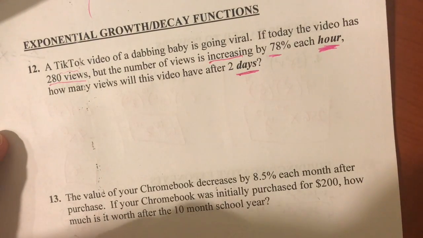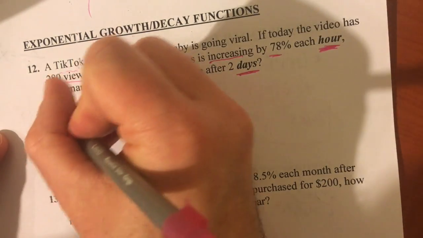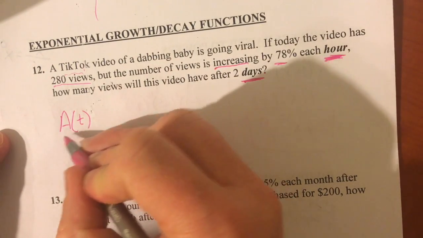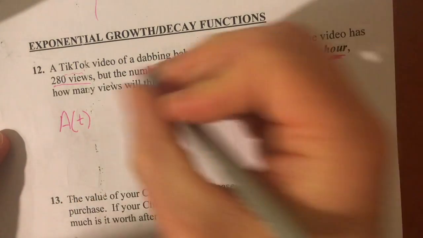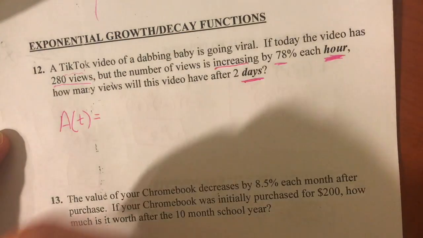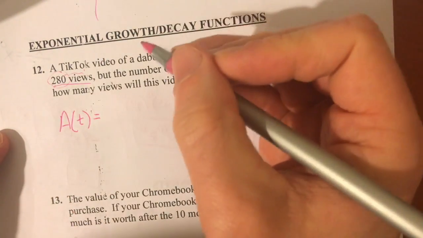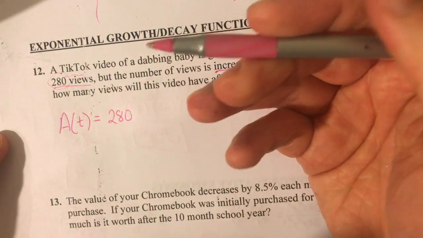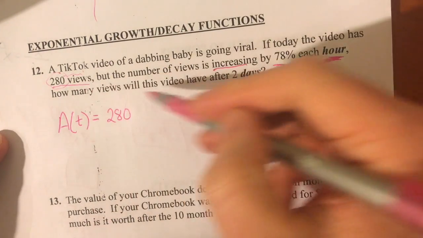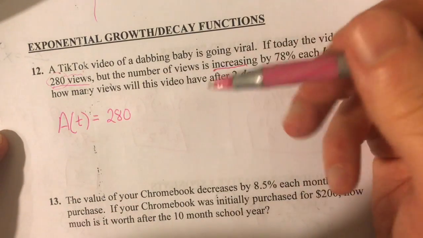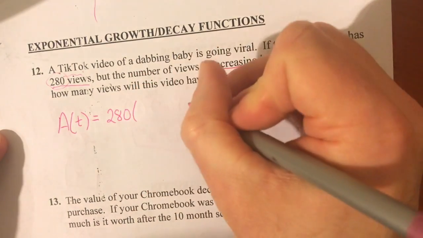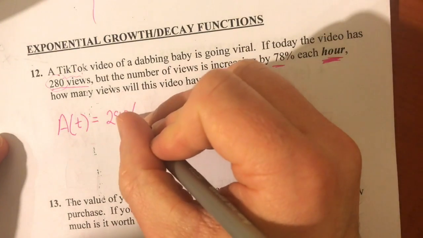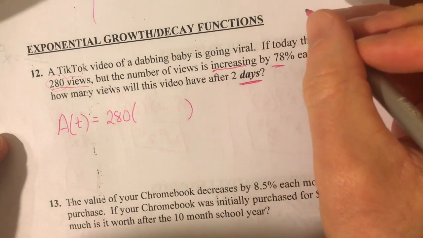Let's start with the basic increase function here. So the amount after time t, or population after time t, whatever you want to call this. If you want to just write y equals, that's fine. But the basic setup, remember, for this was your initial amount, and in this case it's 280, and this could be applied to a lot of banking problems, population growth, in this case the growth of this video views, and then to incorporate this 78%, it's increasing by that amount each hour.